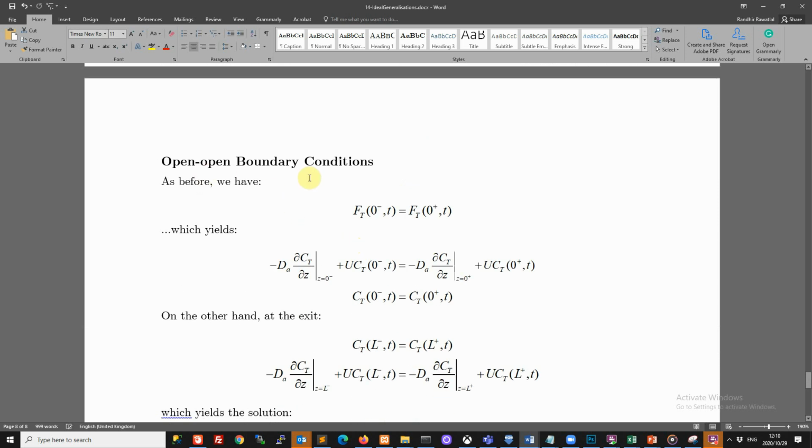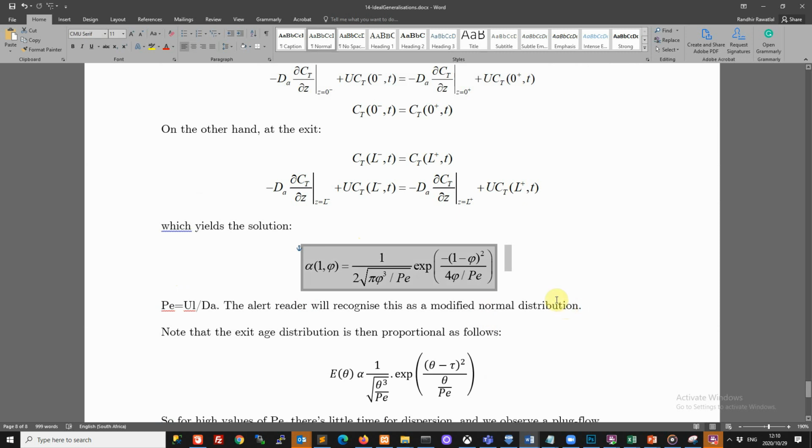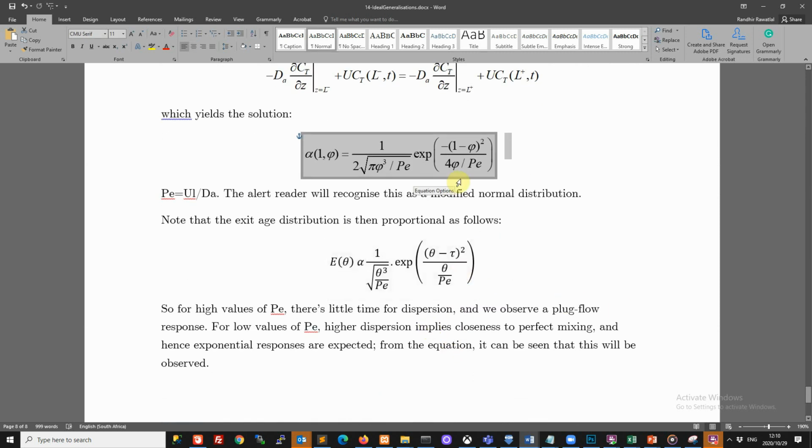Or if you use open, that means you acknowledge that there might be dispersion even in the tube to the left. So that's another set of differential equations. And then if you solve it, you get this form. And if you know your normal distribution, you'll recognize this as a kind of modified normal distribution, and you can see the Peclet number features in this equation.